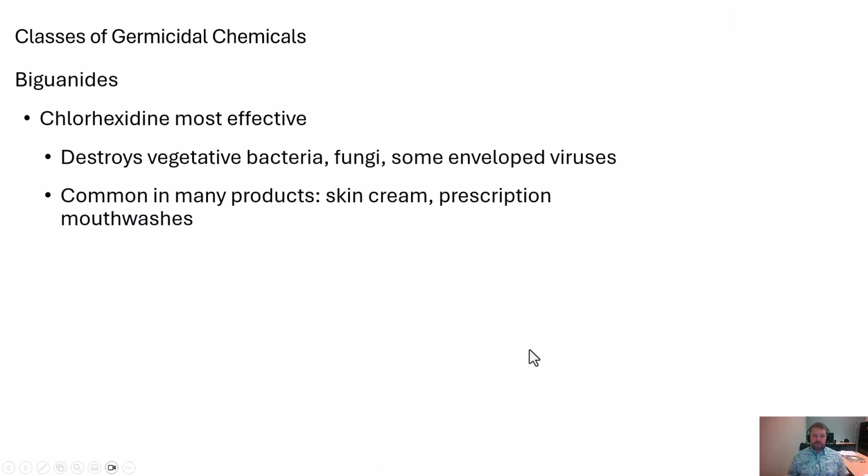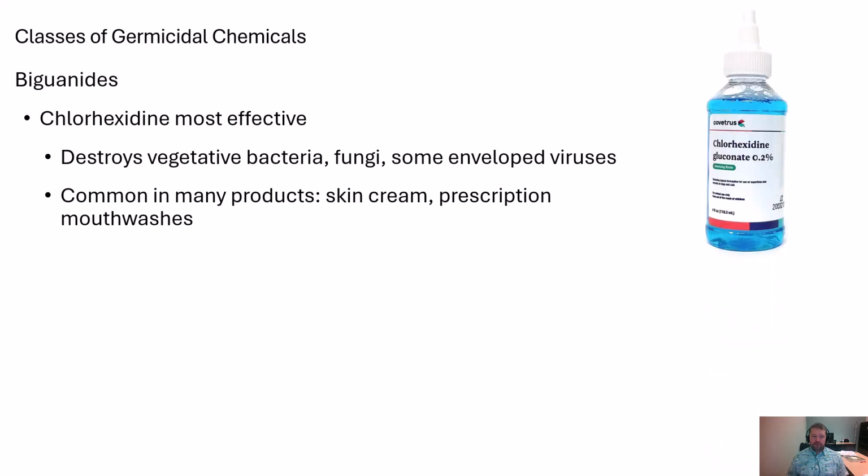The biguanides. Chlorhexidine is probably, I don't want to call it most famous, but it's used very, very often in things like prescription mouthwashes. Wisdom teeth pulled out, lots of prescription mouthwashes. Chlorhexidine is the material that's used to prevent bacteria growth in some enveloped viruses.